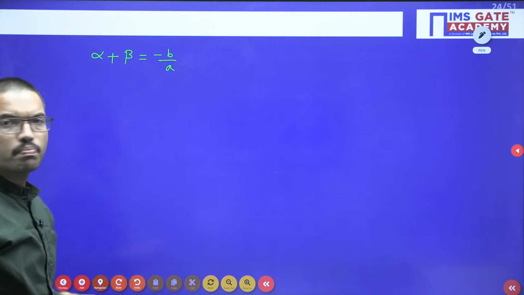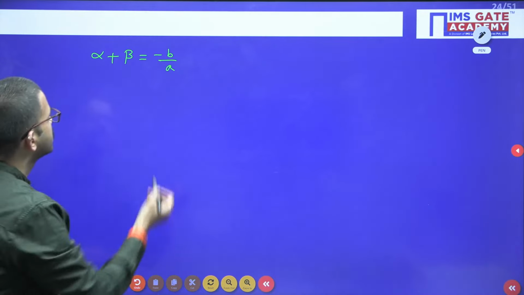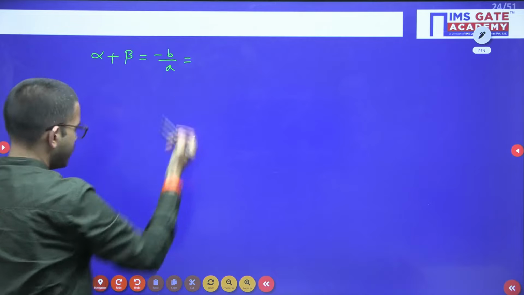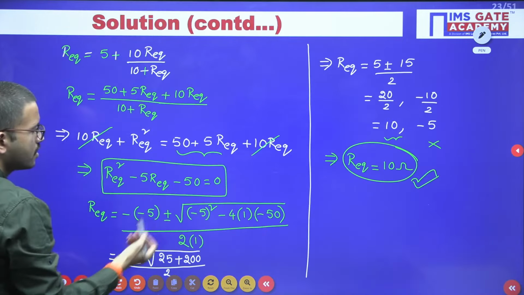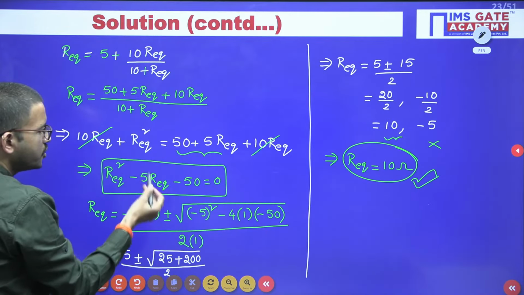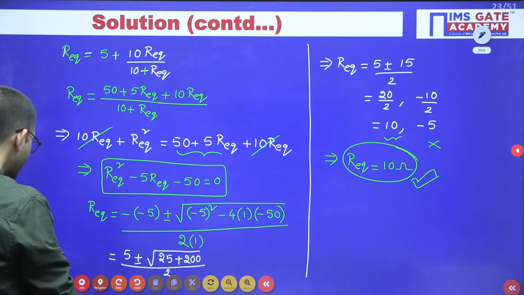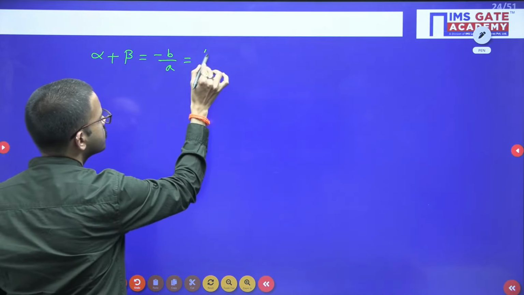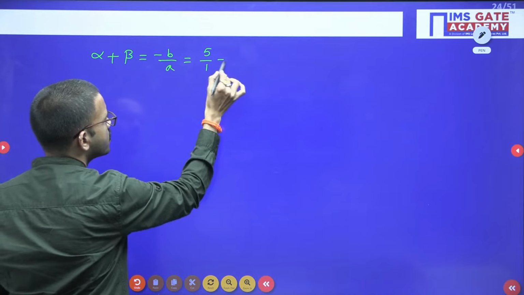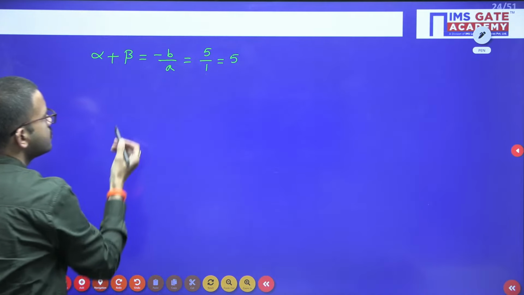Here in this question, b is already negative, so minus of minus 5 is 5, divided by a, which is 1. So you are getting 5.